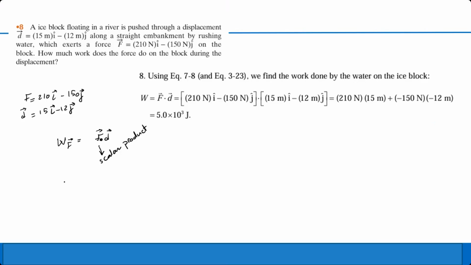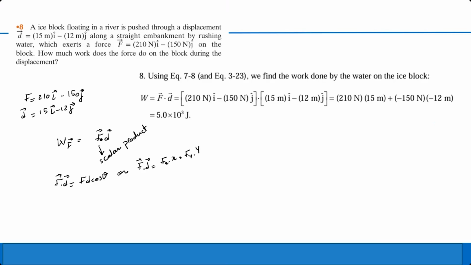The scalar product F dot d can be written as F d cosine theta, or I can write it as Fx times x plus Fy times y. This is how we find the scalar product in math. This is a product where you have two vectors which give you out a scalar number rather than a vector.